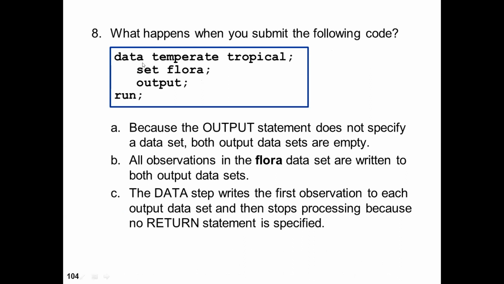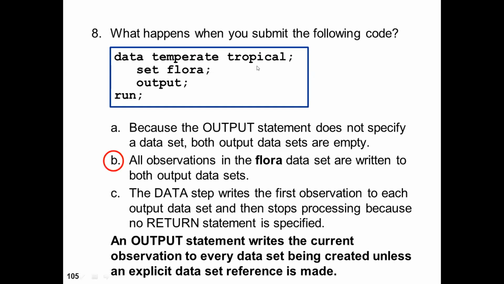Yes, B. So you are creating two data sets, temperate and tropical, SET flora, OUTPUT. That means all the observations will be written respectively to both data sets.